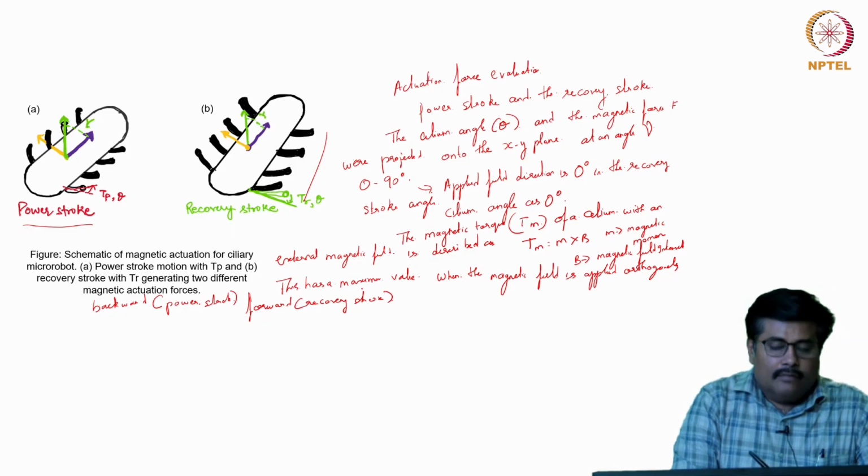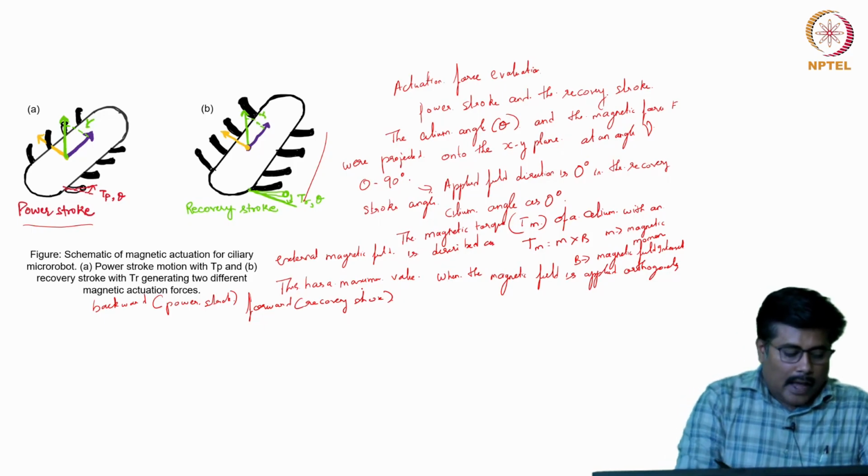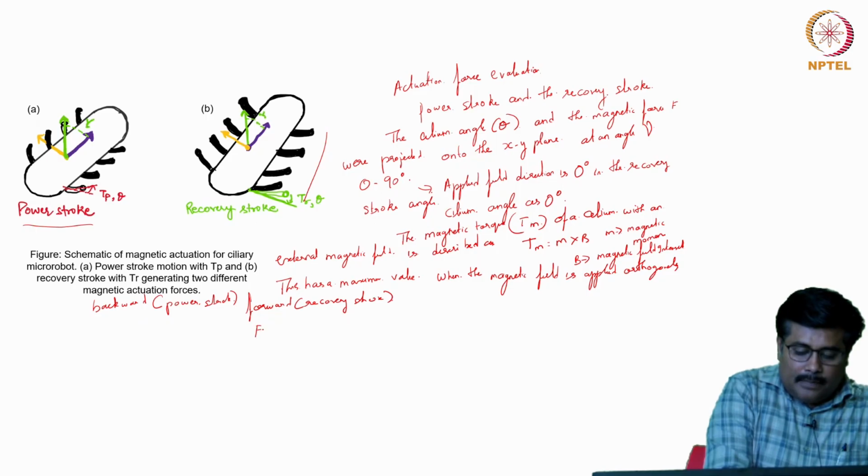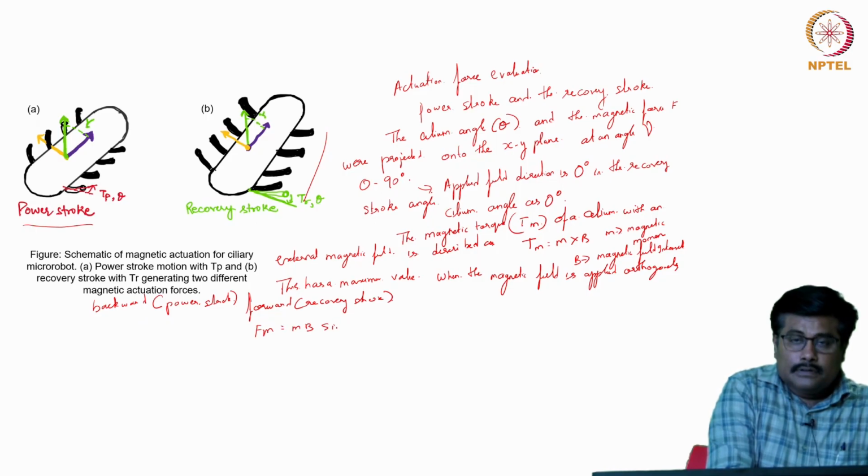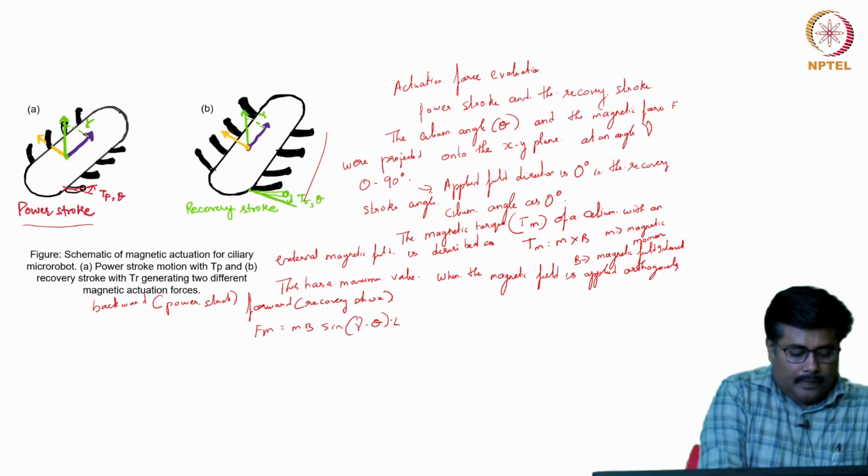So we have the cilium length L and the field angle gamma. So the actual cilium angle can be represented as F equals mB sine minus theta L.